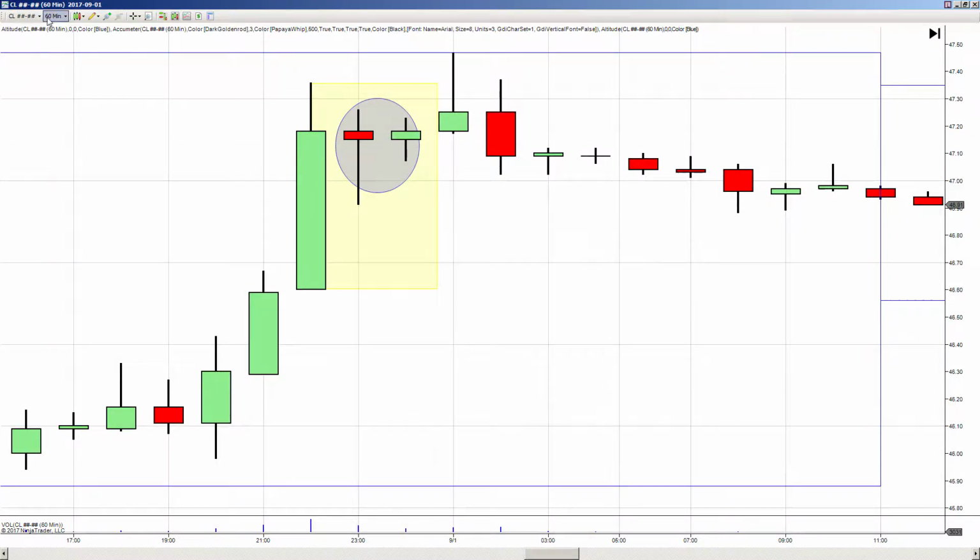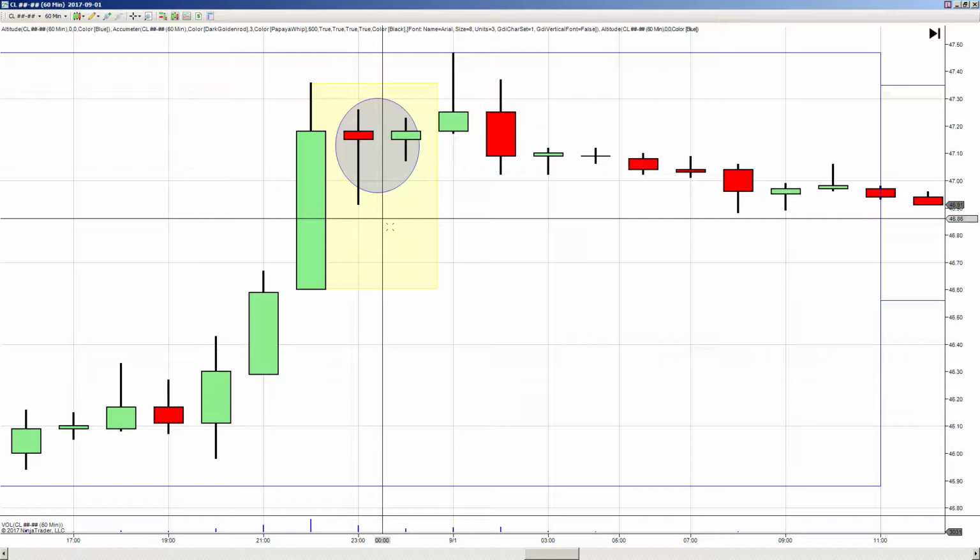We're looking at a 60-minute chart right here, so the 2 hours past this large green candlestick, those 2 candlesticks, were fairly irrelevant because they weren't able to push higher highs or lower lows. And so this marking off gives us a better understanding and a cleaner view on exactly what's happening in the market.